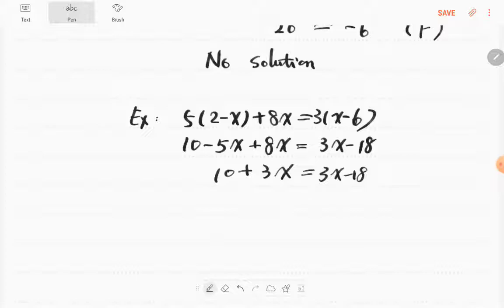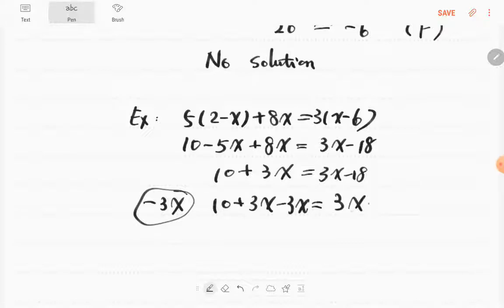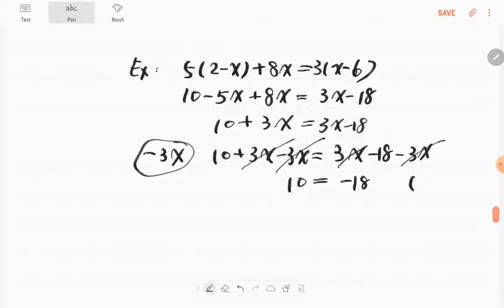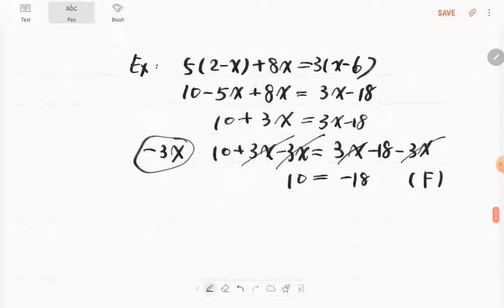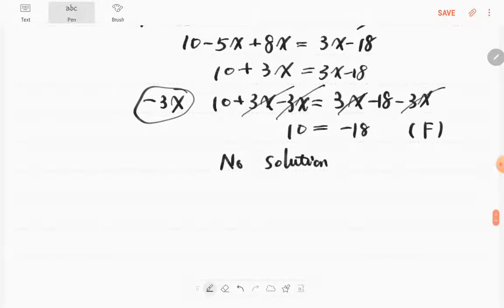Now you will find if we do minus 3x for both sides, we will get this conclusion. 10 is equal to negative 18, which is false for this statement, right? It's false, so our conclusion should be no solutions for this equation.